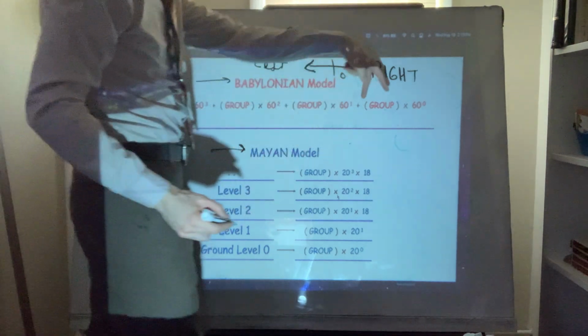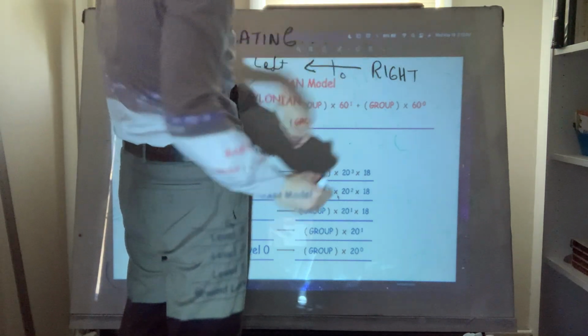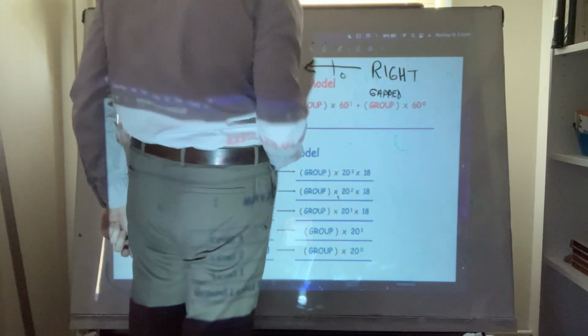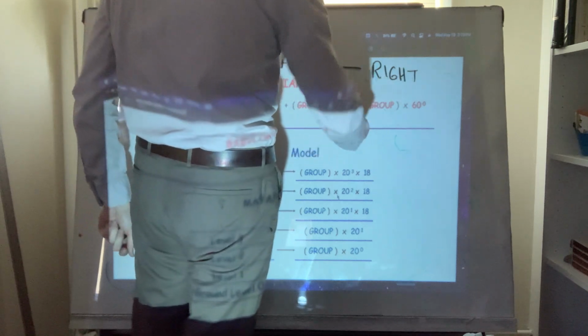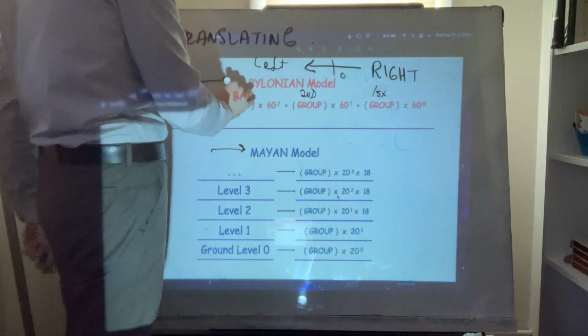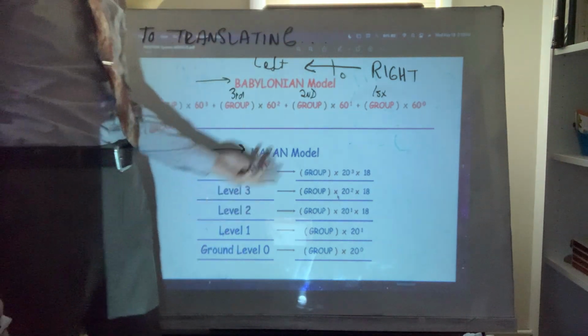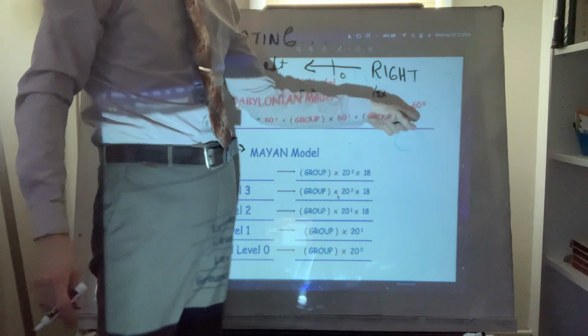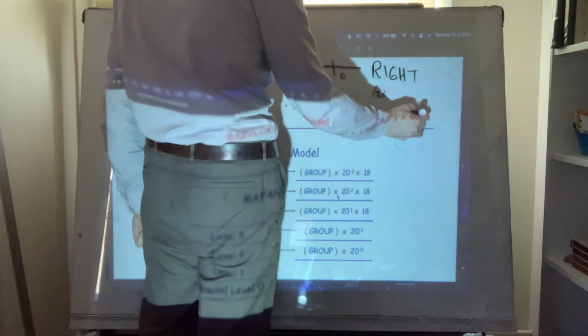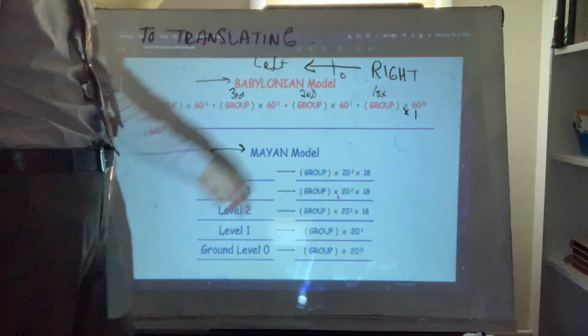All right. The group that you see, there's a gap group, and then there's a second one, a first group, a second group, maybe perhaps a third. You would have to, because of its position value, multiply by 60 to the 0. What does that realistically mean? It means multiply by 1. Right? Because 60 to the 0 is 1.